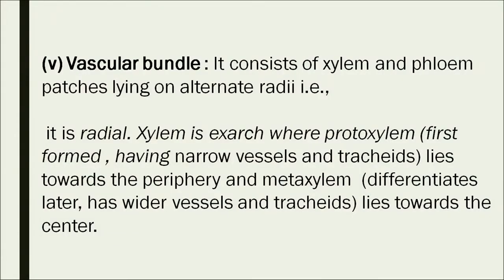So now xylem and phloem lie in patches on different radii, and the vascular bundles are radial, and the xylem is exarch, where protoxylem, the first formed, with smaller cells, narrow vessels and tracheids, lies towards the periphery, and the metaxylem differentiates later, and it has wider vessels and tracheids, and they lie towards the center.